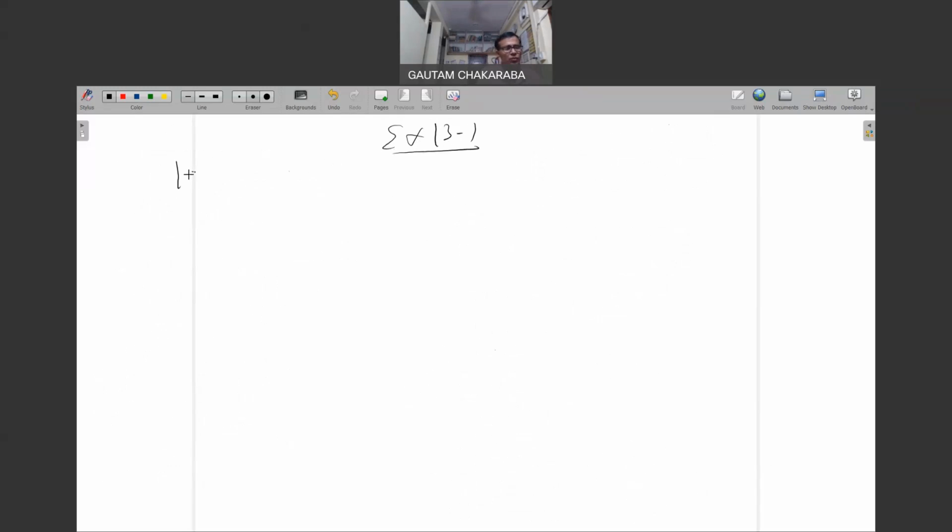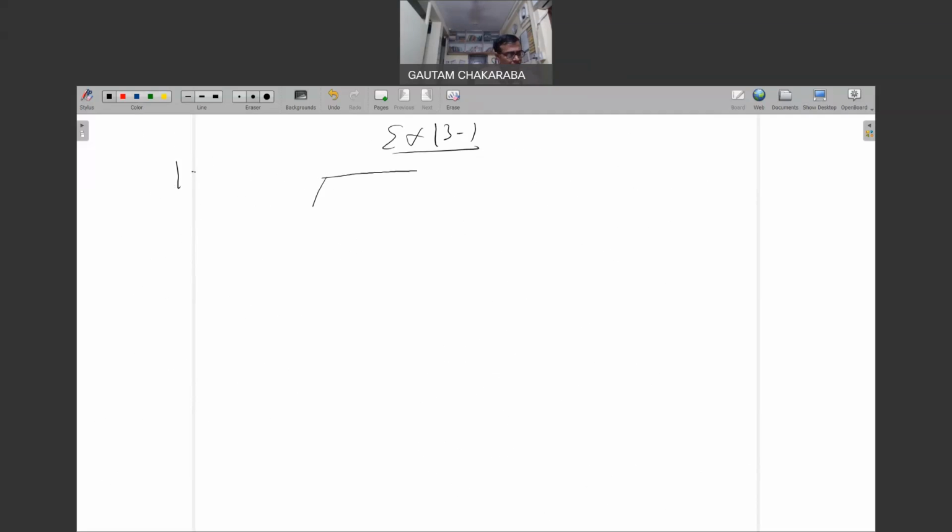Question number 1 tells: 2 cubes of each volume 64 centimeter cube are joined end to end. Find the surface area of the resulting cuboid. So I draw this.